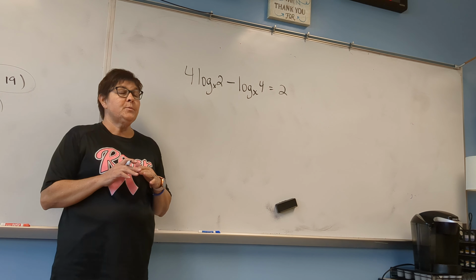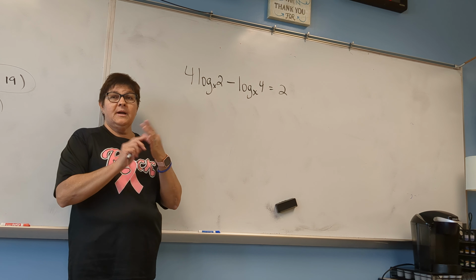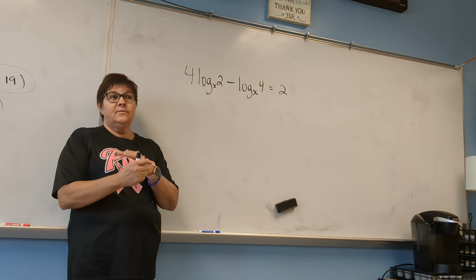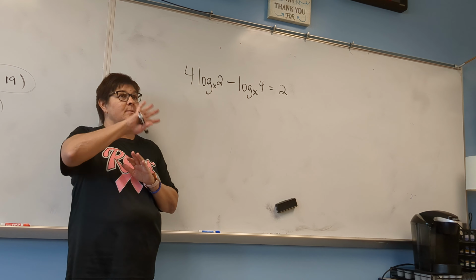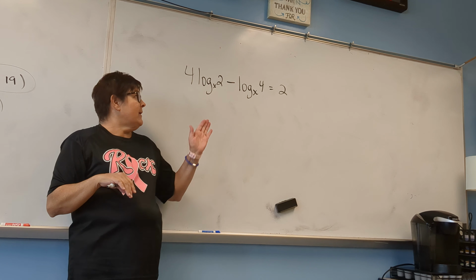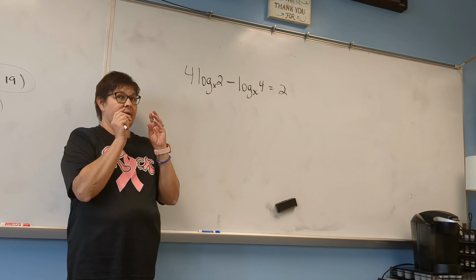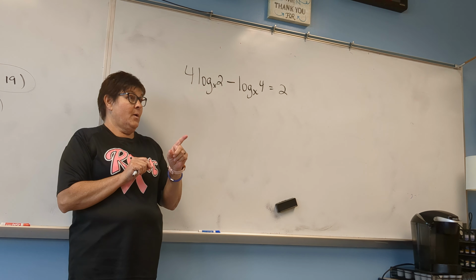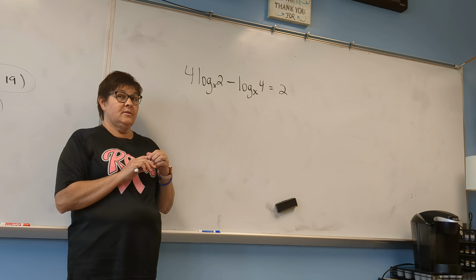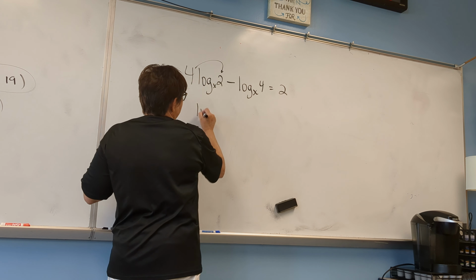There's multiple properties that I just erased up here. One of them was when 2 things were multiplied, you add. When 2 things are divided, you subtract. And the other one was, if I have something out front, I can make an exponent out of it. So if I'm looking at this over here, what's the first thing that I should probably take care of first? The exponent. So what number am I gonna put up as a new exponent? The 4. So step 1, bring that guy up.